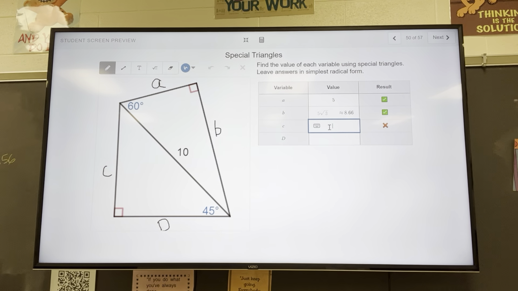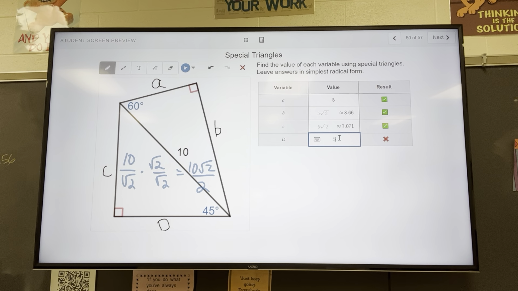There's not a lot of space to show you this, but I'll just do it right here. If I do 10 divided by the square root of 2, I'm going to have to multiply by special 1 to rationalize the denominator. When I do that, I get 10 root 2 over 2, which can be simplified because 2 goes into 10 5 times. So that's 5 square root 2. And they're both the same length.